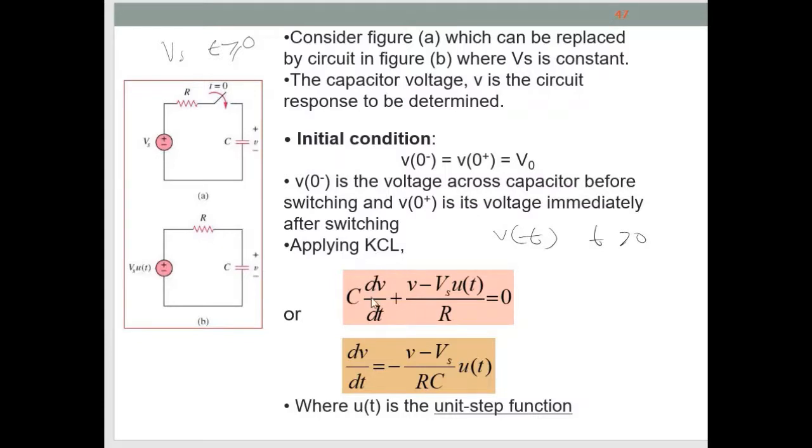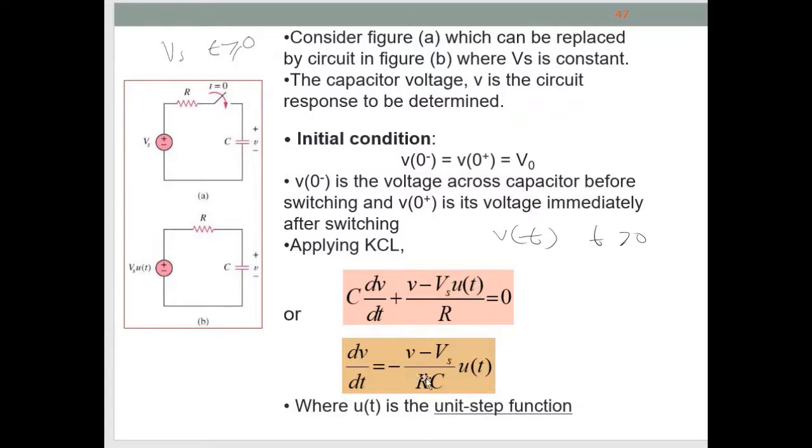So by applying KCL, we can write the equation C dV over dt plus (V minus Vs u(t)) over R equal to 0, and this u(t) represents the unit step function.